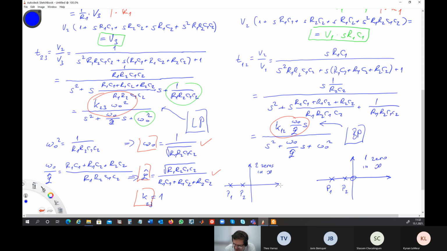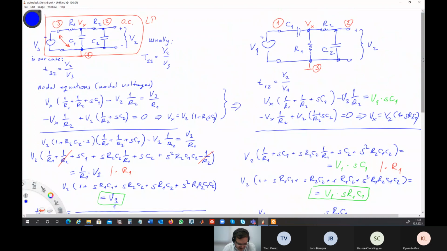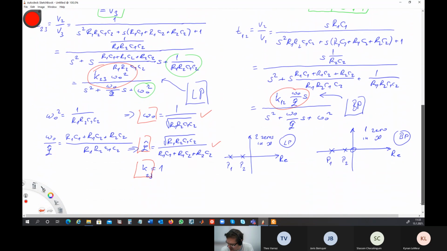Okay, so this is low pass and this is bandpass character of the network. And here, of course, we can call this network a bandpass network. But because this network is the same as the low pass network, they differ only in the numerators. And this is all we wanted to say here.